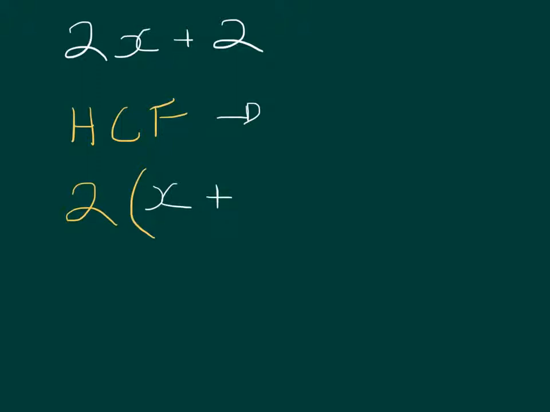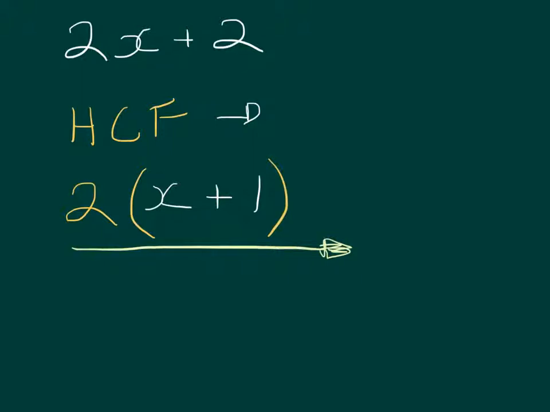Plus, now if I take out a common factor of 2, what we mean by taking out a common factor of 2 is actually we divide. So 2 divided by my common factor 2 is then 1. And this is now in factorized form.